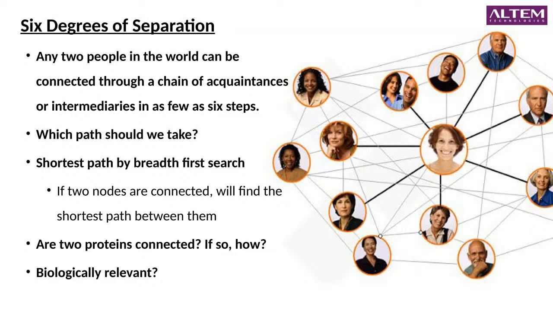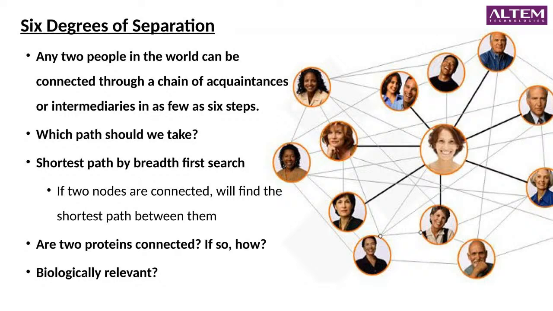Now here comes the six degrees of separation, a concept that suggests that every person in the world is connected to every other person through a chain of acquaintances that has, on average, no more than six intermediaries. This idea originated from social experiments and the work of various scholars.